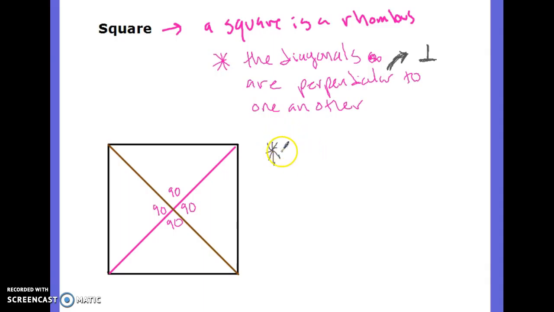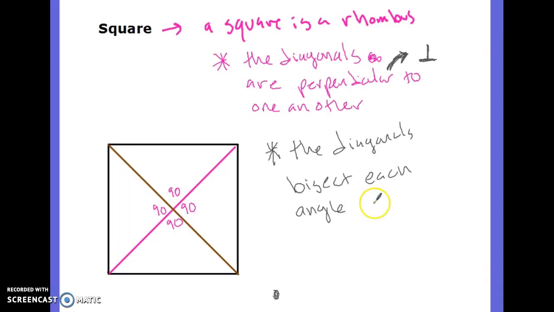The other property of a square, because it is a rhombus, is the diagonals bisect each angle.